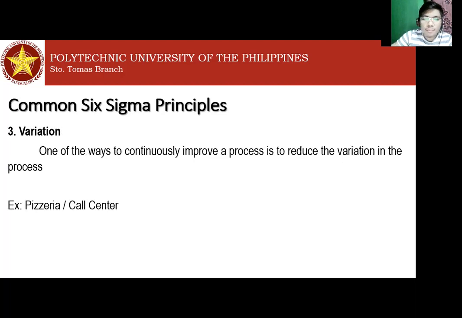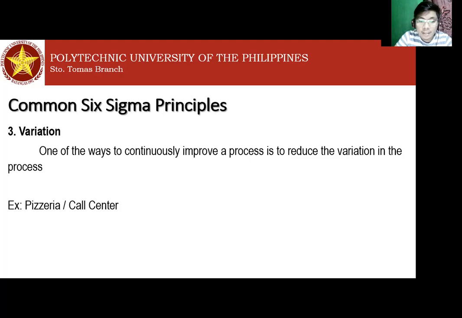The third common principle of Six Sigma is the variation. So when we say variation, it pertains to the difference of data between dun sa desired data na meron dapat tayo. One of the ways to continuously improve a process is to reduce the variation in the process. For example, not only on the process of creating products, but also in the process of serving or giving services.